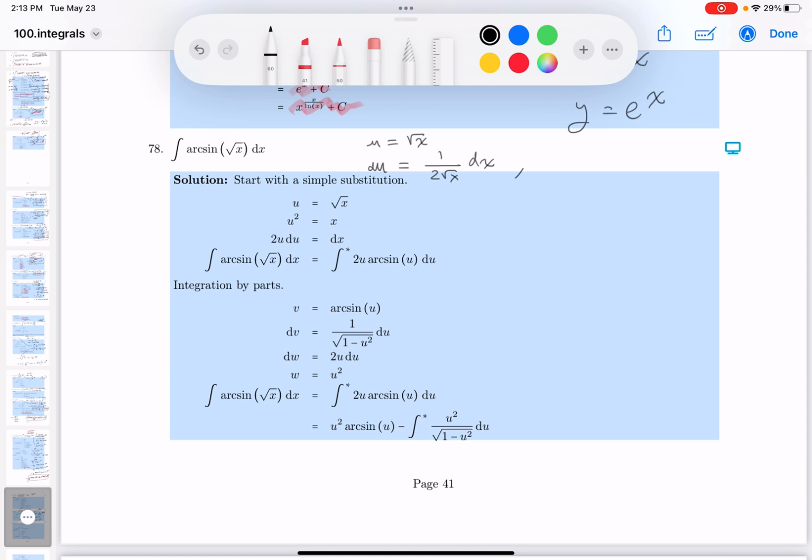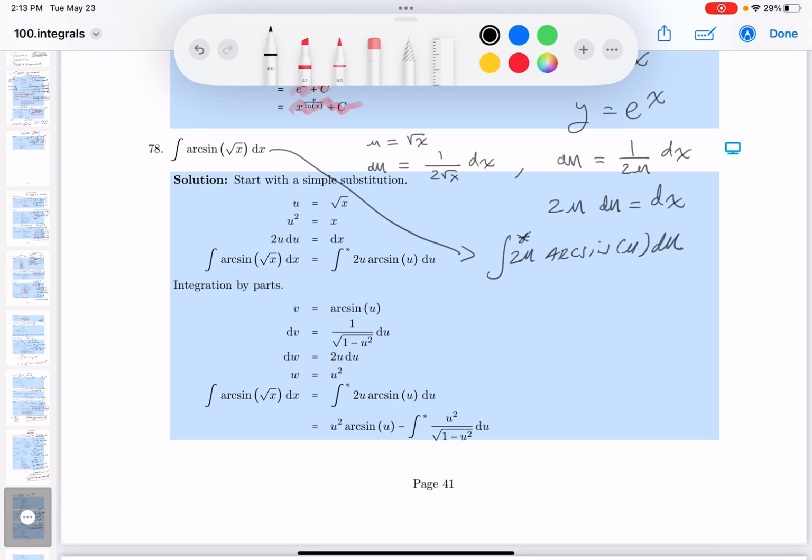So looking at this, du would be 1 over 2u dx, so 2u du would be dx. Let me write that over here. So this guy over here is going to be the arcsine of u, and dx is 2u du.